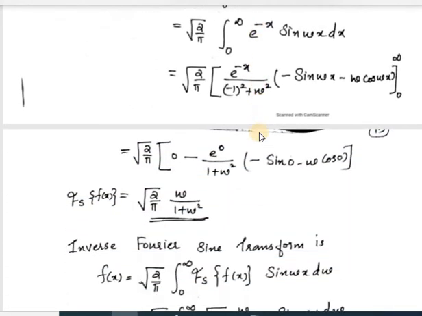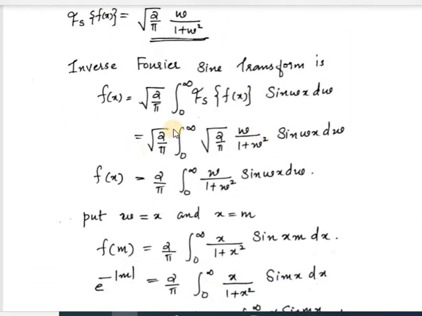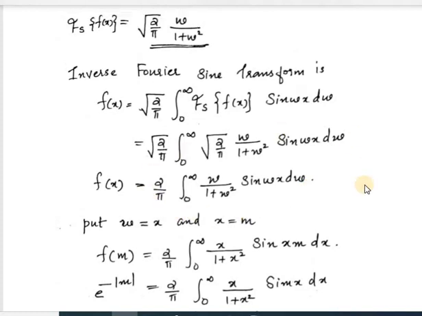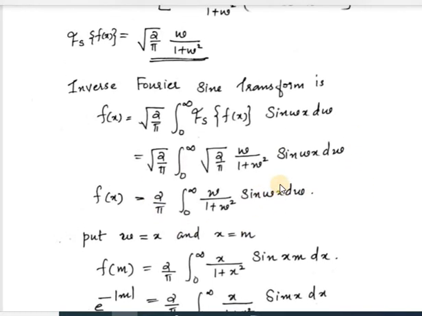We write the formula for the inverse Fourier sine transform, that is root 2 by pi integral 0 to infinity Fs of f of x sine omega x dx. This function we already found, that is root 2 by pi omega by 1 plus omega square. So substituting the value here, root 2 by pi becomes 2 by pi, omega by 1 plus omega square, sine omega x dx.